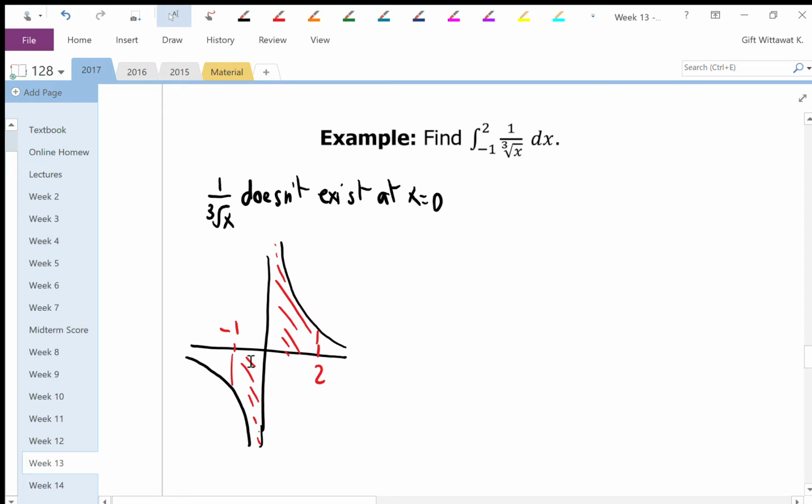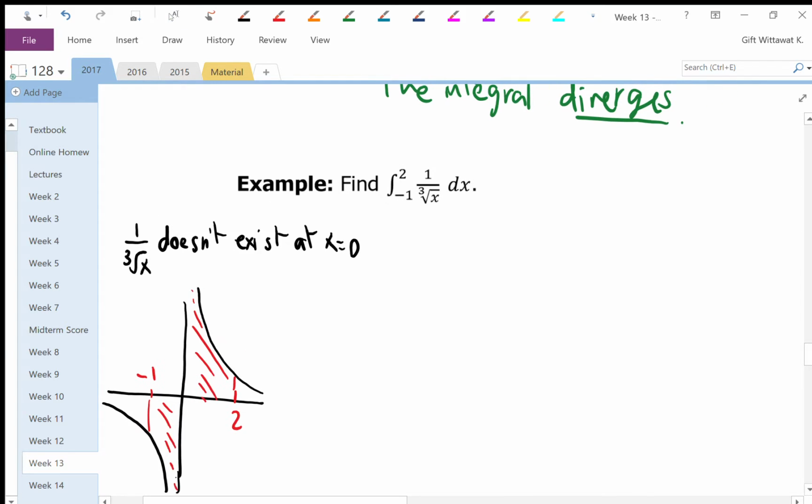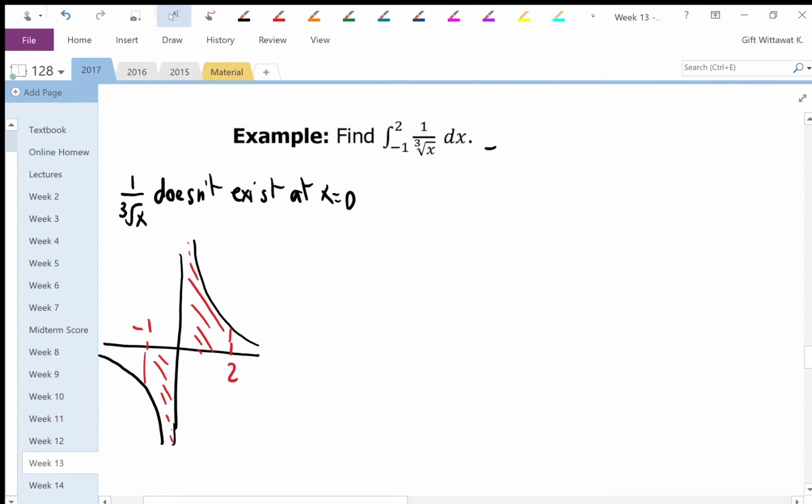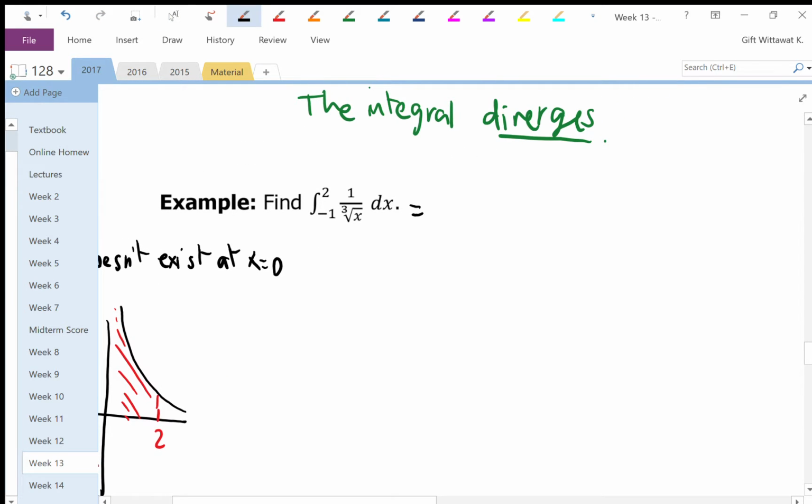To deal with this, I'm going to have to break this into two pieces. Instead of integrating from negative 1 to 2, a safe way to deal with this is to break it into two pieces and integrate first from negative 1 to 0 of the function, plus the integral from 0 to 2 of the same function.